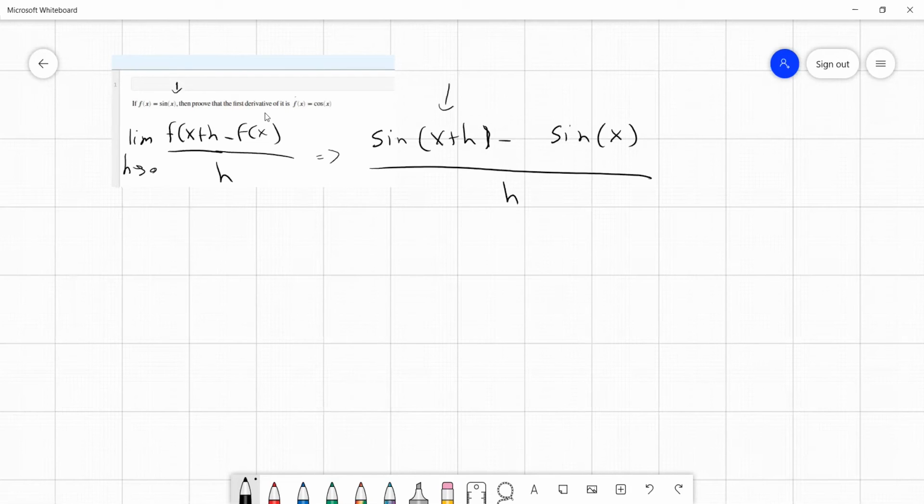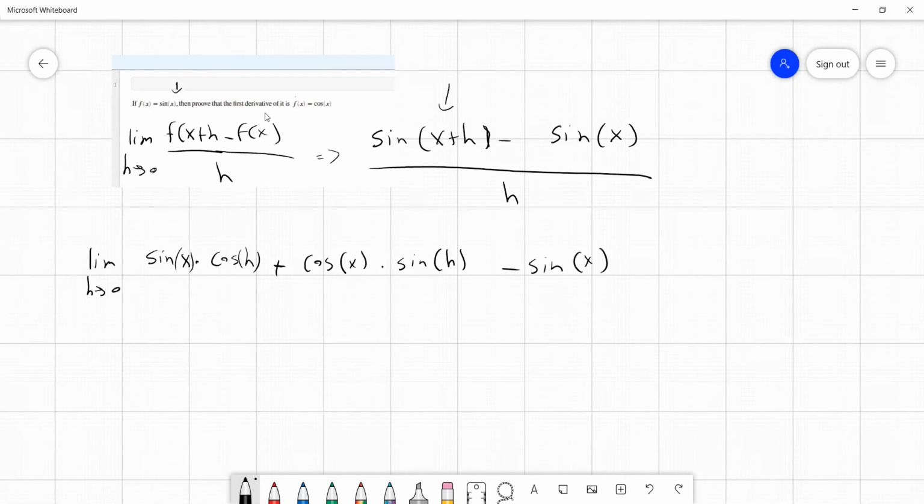So notice what we have over here, x plus h. So we can actually apply the rule that we just learned. So let's write it again. Limit of h as it approaches 0 of sine x times cosine h (I should probably put this in parentheses) plus cosine x times sine h, and minus sine x.